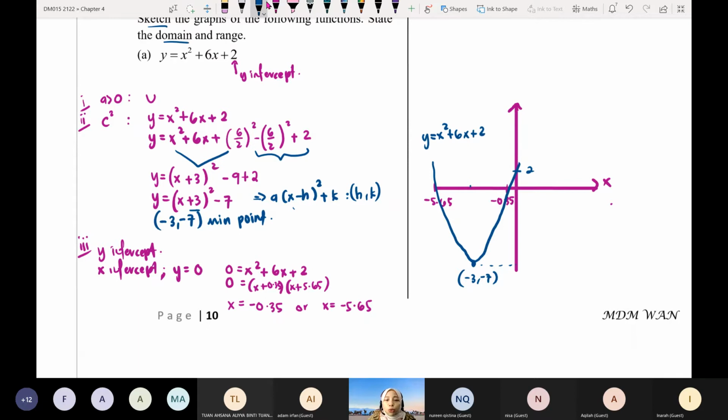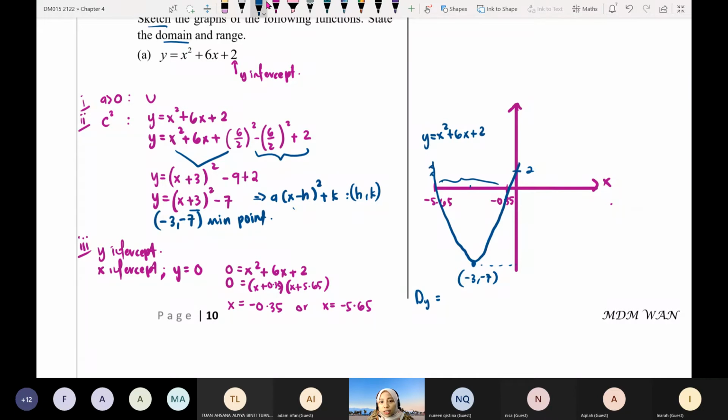And then dia nak apa? Domain. So what is your domain? Domain of y. Domain adalah apa tadi I kata? All the possible values for x axis. Bukan ini saja, mentang-mentang you ada nilai ini.